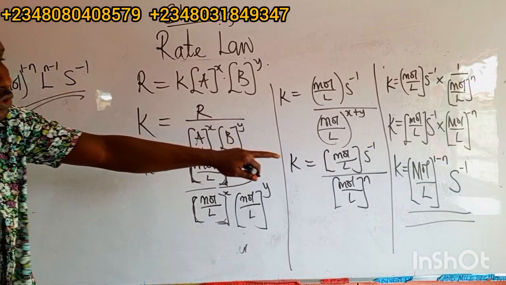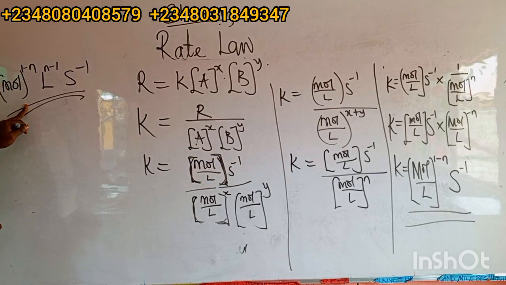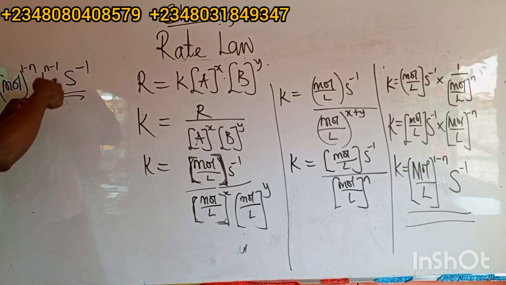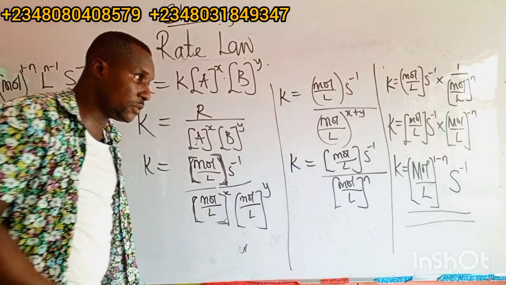If you know how to use that one to solve questions, I will teach you how to use this one. Mole raised to power 1 minus n, liter raised to power n minus 1, then seconds raised to power minus 1. Please take note of that.